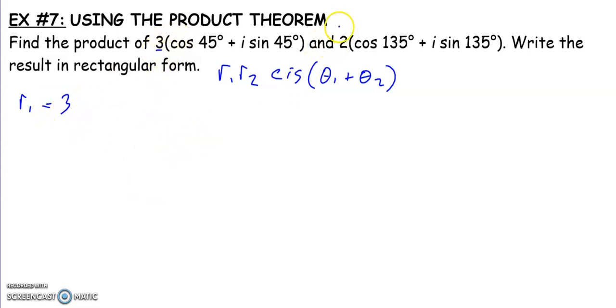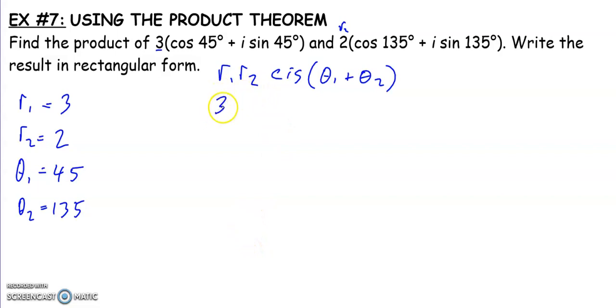There's R1. Here's R2, because that's my second point. R2 is 2. My first theta value is 45. And my second theta value, oh my gosh, I said 45 and I wrote down 42. 45, and the second theta value is 135.